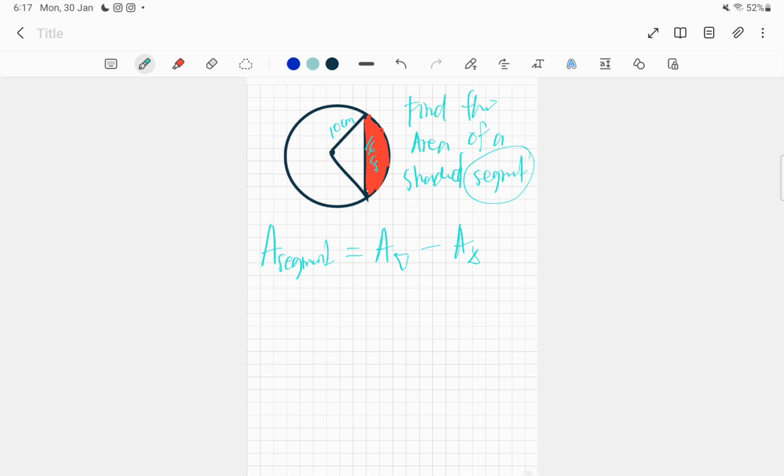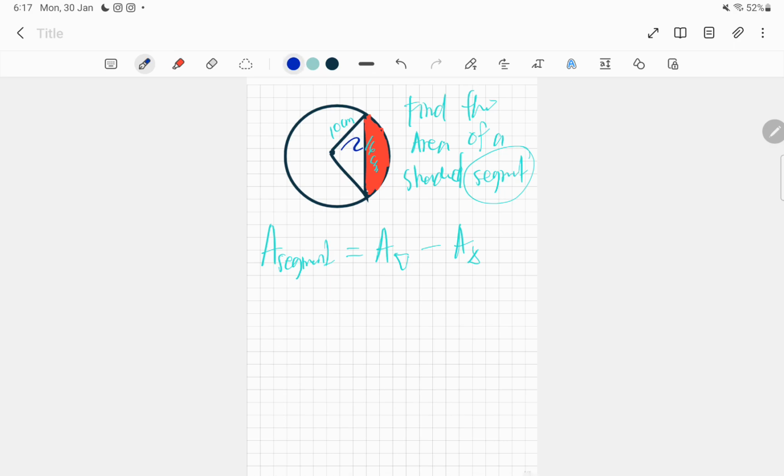So, ang una nating gagawin, try nyo muna i-observe ang inyong triangle that is inscribed on a circle. Okay? Observe nyo muna. So, para madali natin ma-solve to, unahin natin si area ng triangle.